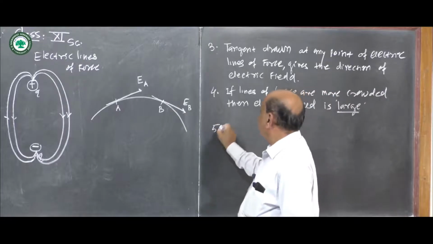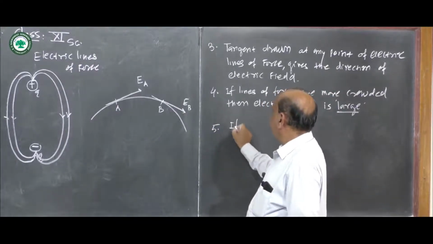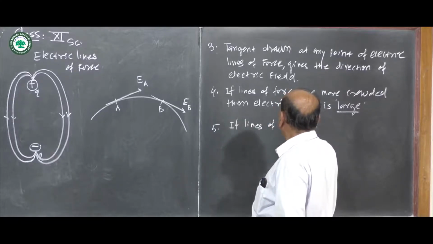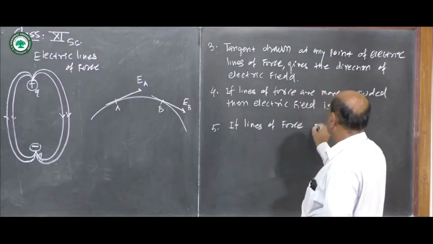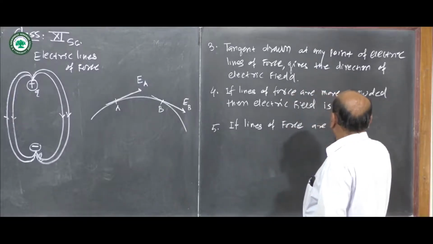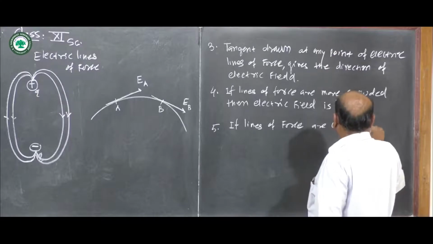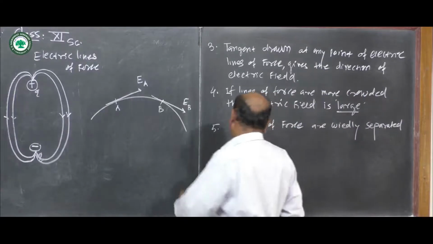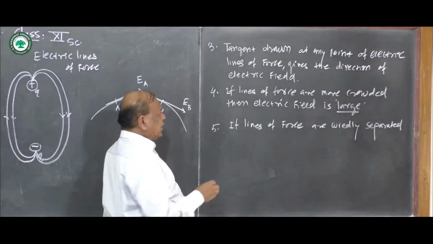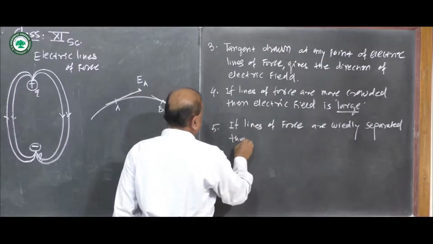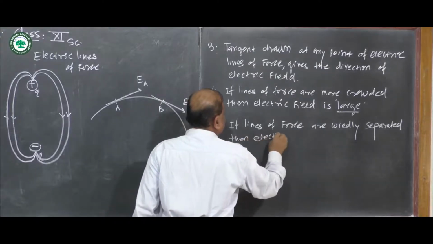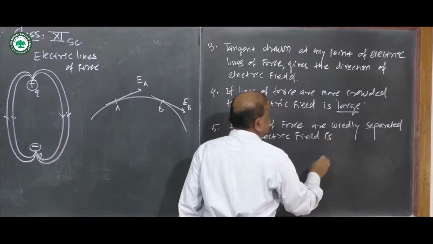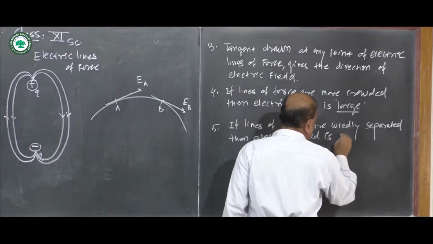Now the fifth characteristic: if lines of force are widely separated, then the electric field is less or small.